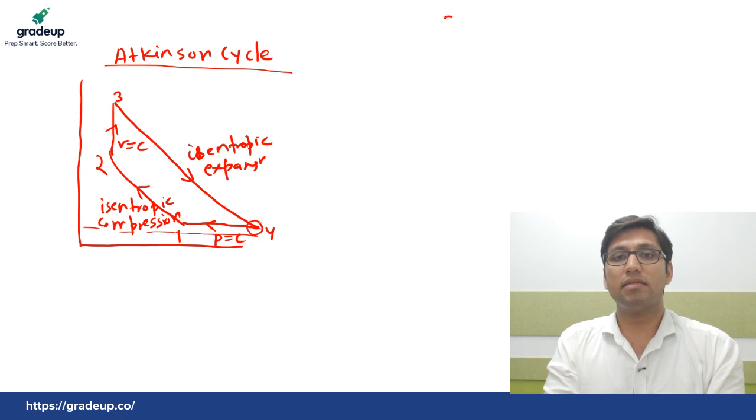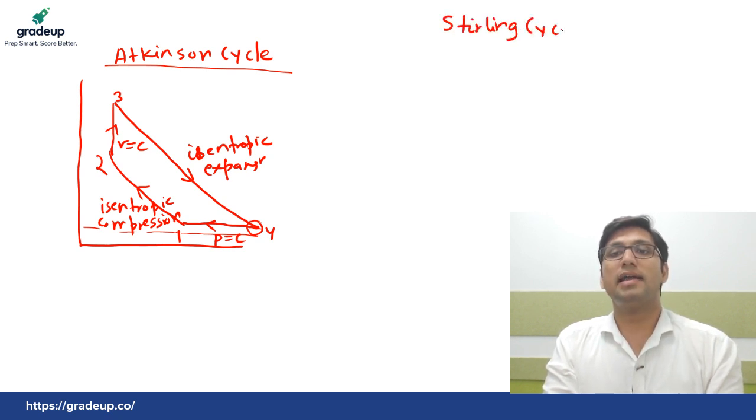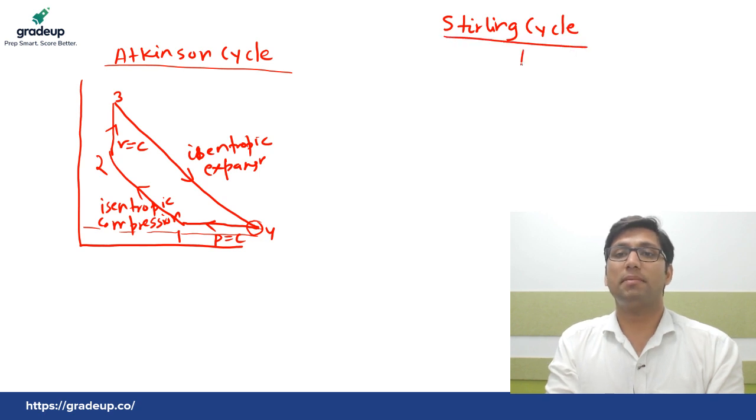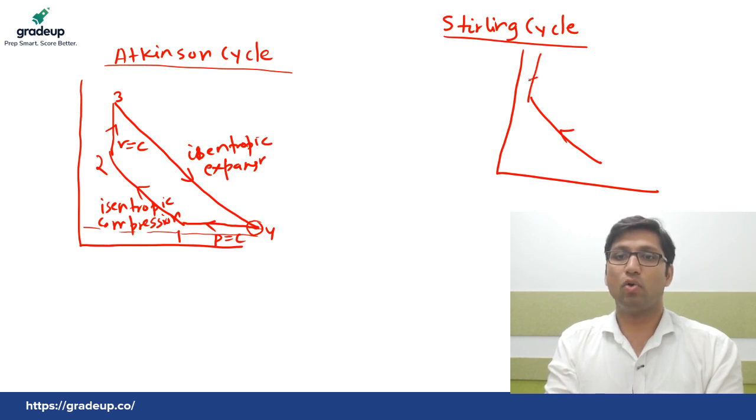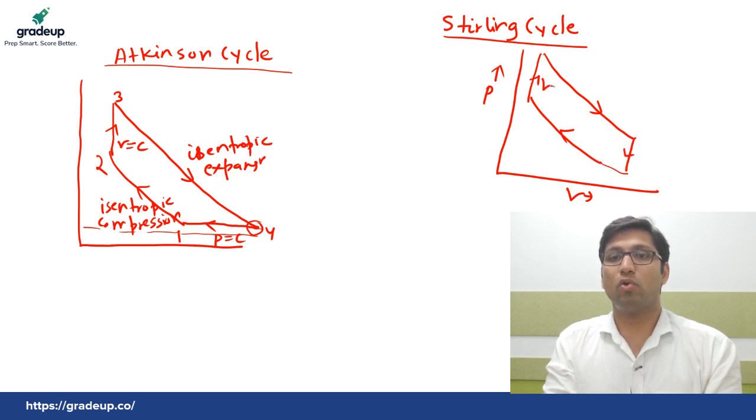Next cycle is the Stirling cycle. What is a Stirling cycle? The Stirling cycle consists of two isothermal processes and two constant volume processes.